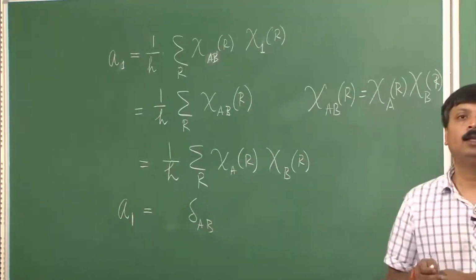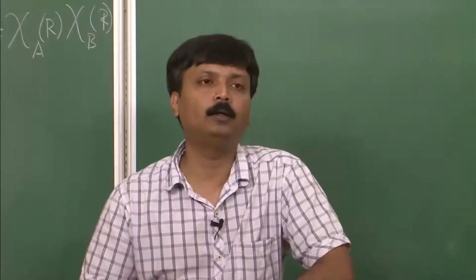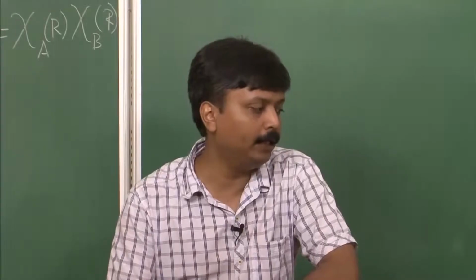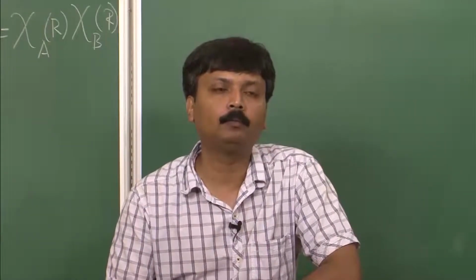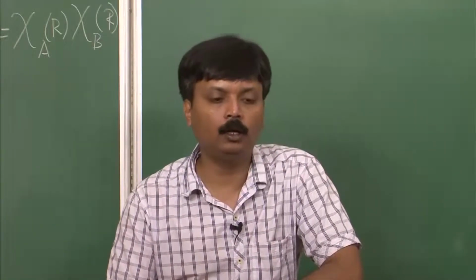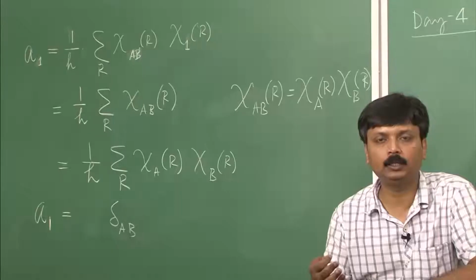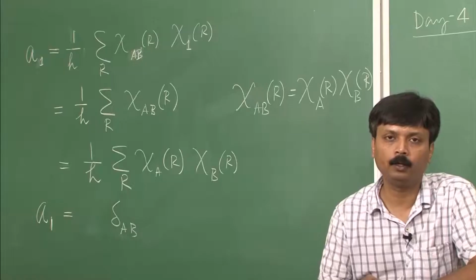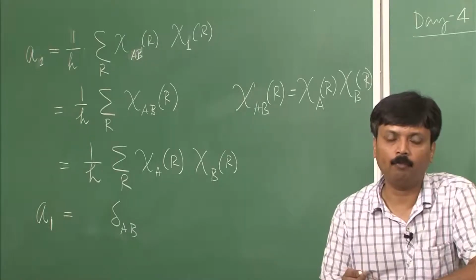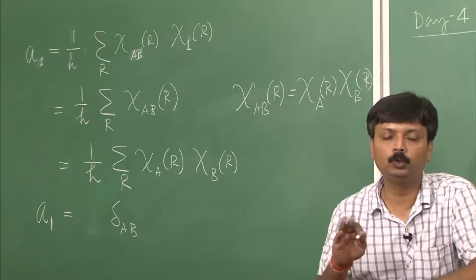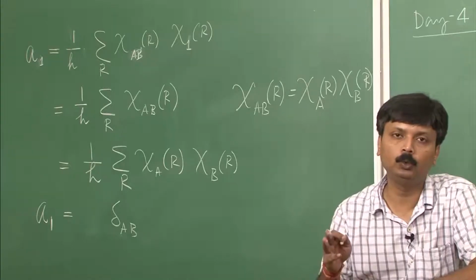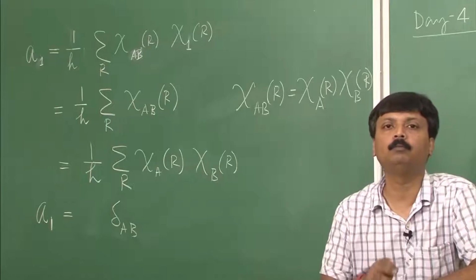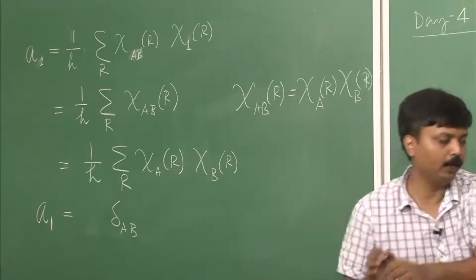And therefore, if I have an integrand where two functions transform as two irreducible representations of the point group, they will survive only when those two functions correspond to the same irreducible representation, otherwise they will not survive. Okay.